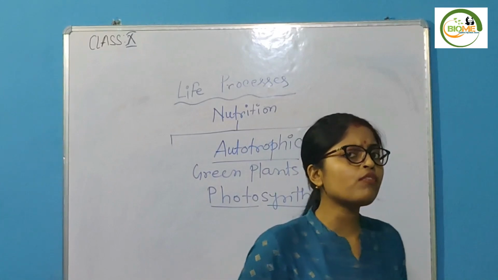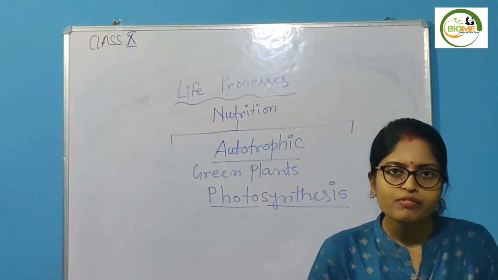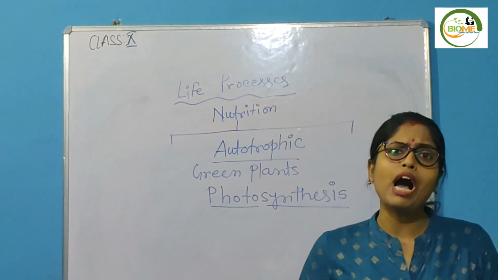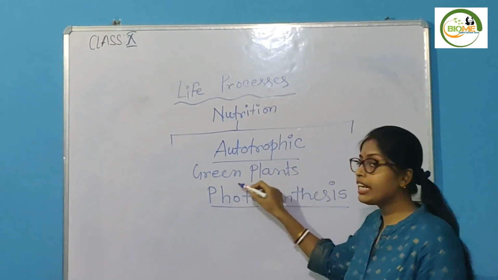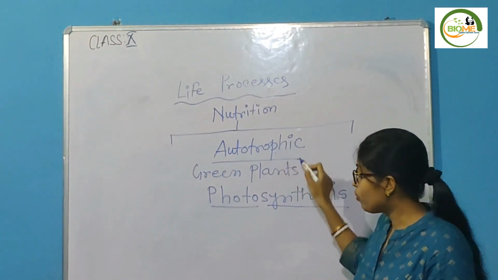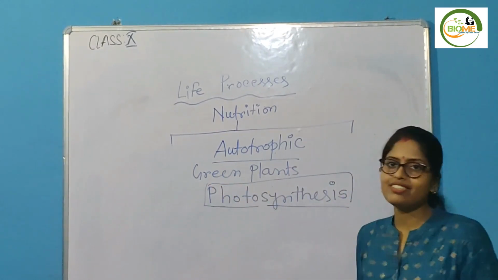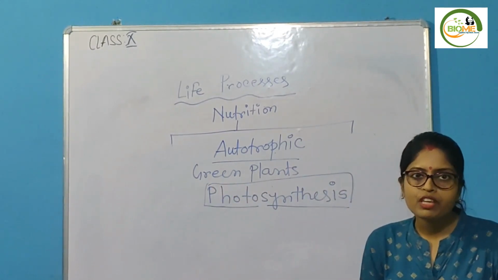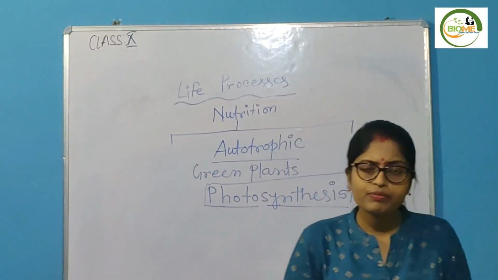So in the presence of light, when the materials come together, we get some outcome. So green plants perform the autotrophic mode of nutrition with the process known as photosynthesis.